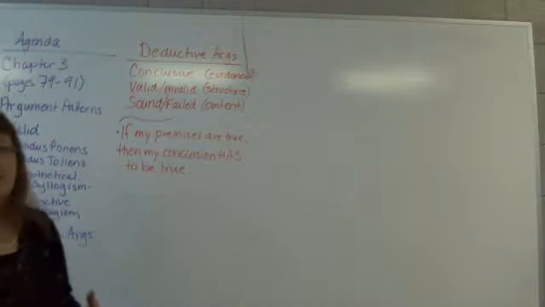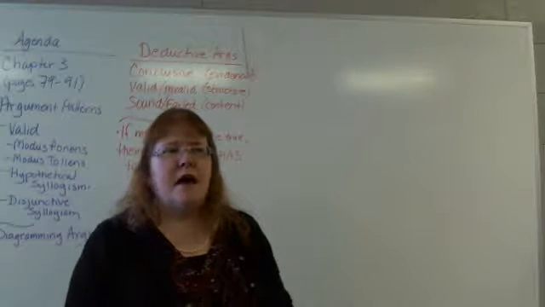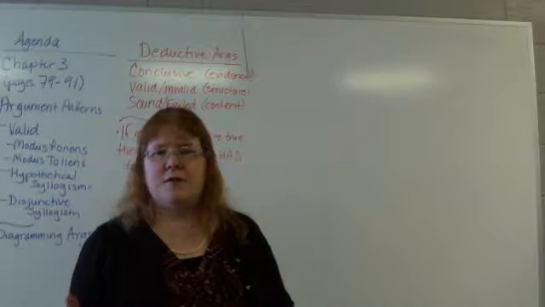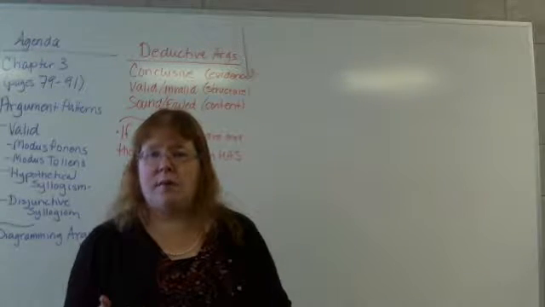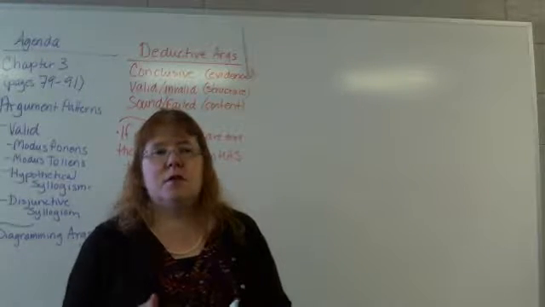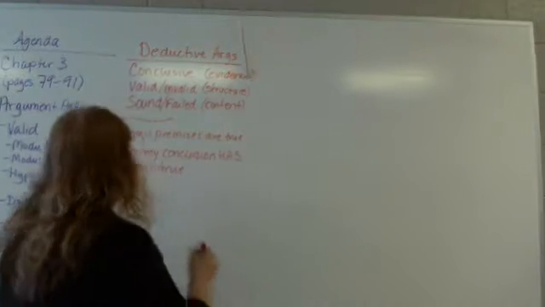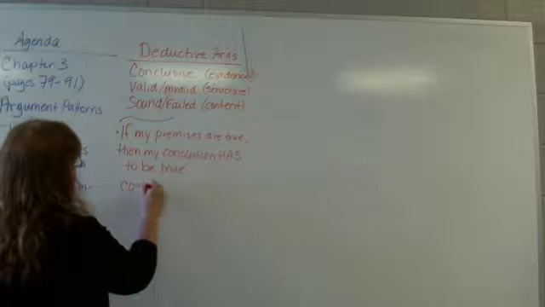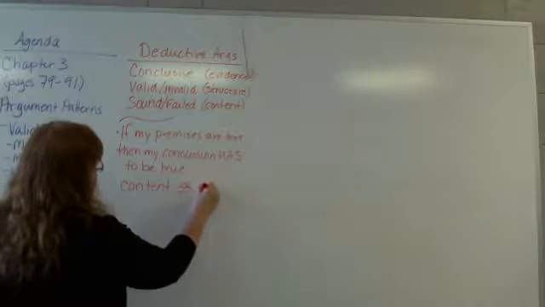Now, we also have some issues when it comes to the difference between structure and content. Because we use the word valid to mean true out and about in our everyday lives, we tend to conflate those two things. Not a good idea when it comes to deductive argument, when it comes to logic class. So keep those things separated in your head. Content is not the same thing as structure.